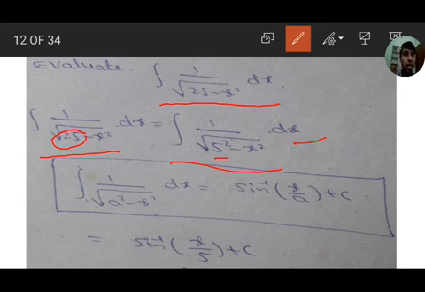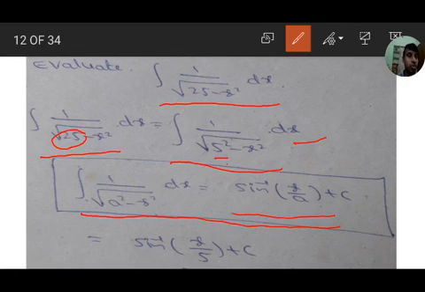So it is of the form 1 by square root of a square minus x square, a equal to 5. The formula: integration 1 by square root of a square minus x square dx equal to sin inverse x by a plus c. Here a equal to 5, so the integration value is sin inverse x by 5 plus c.